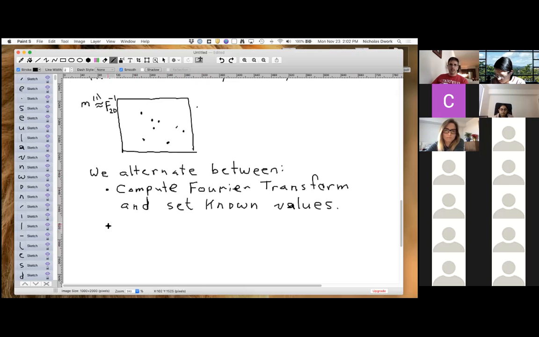Then, inverse Fourier and wavelet transform.